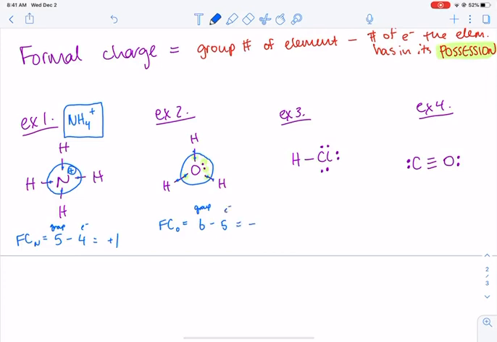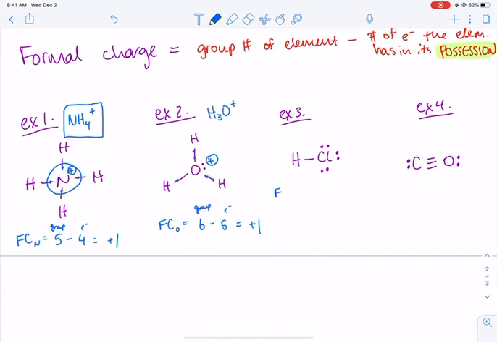So it also has a +1 formal charge. I'm going to clean this up a little bit. We can show that by just putting a little positive charge next to the oxygen. The formula for this one is H3O+. Because that oxygen has a formal charge of +1, that's why H3O+ is positive. That's why it's a cation.